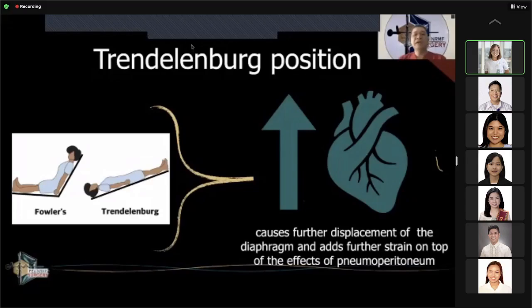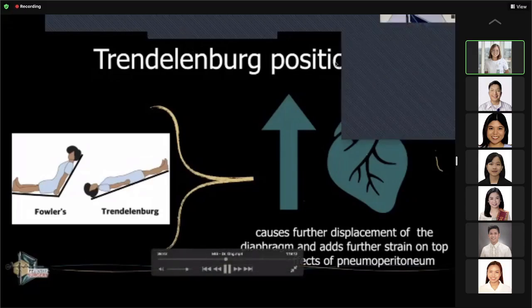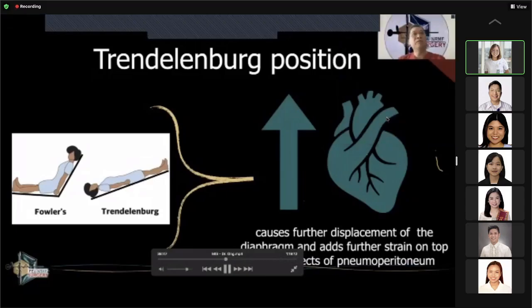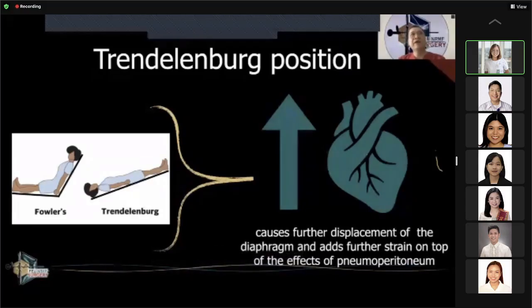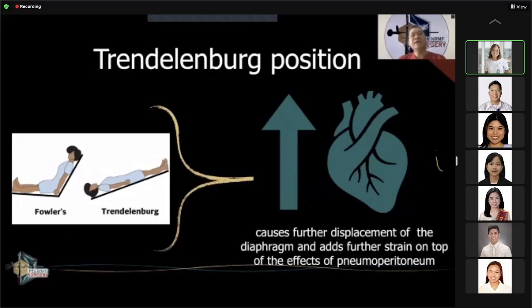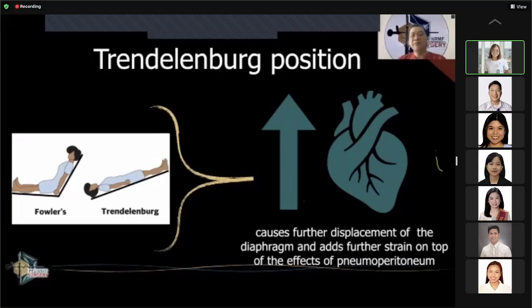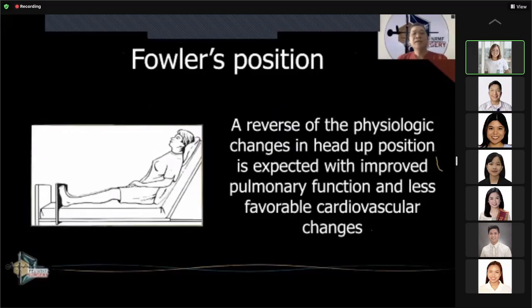Usually we put the patient in a slight Trendelenburg and monitor if there's a problem with the cardiac output or if the patient develops arrhythmia. If that happens, you may want to do the surgery in a level position without putting the patient in Trendelenburg. This is a Fowler's position. It's better physiologically for the patient.